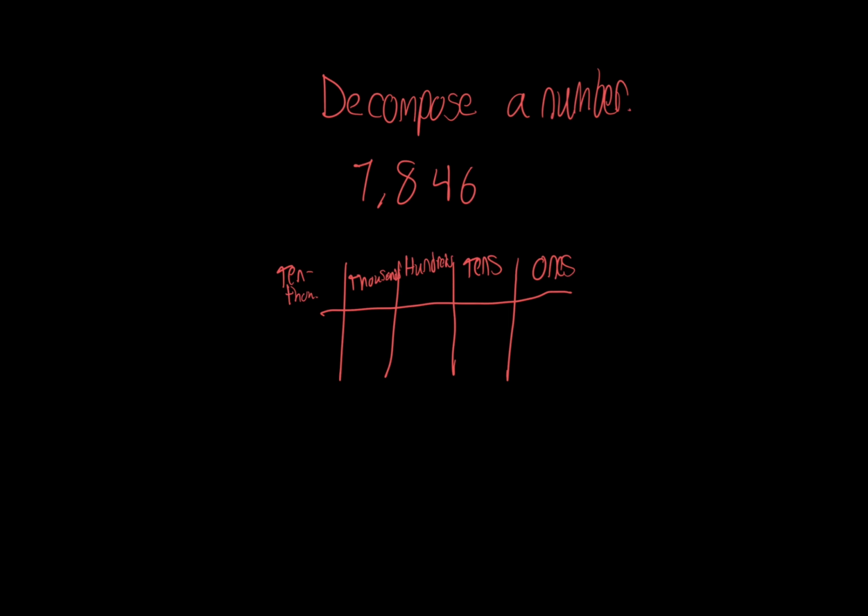Remember the number on the right is the number that goes first. So that 6 goes in the ones. If 6 is right here, then the person next door is the 4. All right, and then the person next to the 4 is the 8. And the person next to the 8 is 7. All right, don't forget our comma. Our comma is right after that 7, so we're going to put that comma.